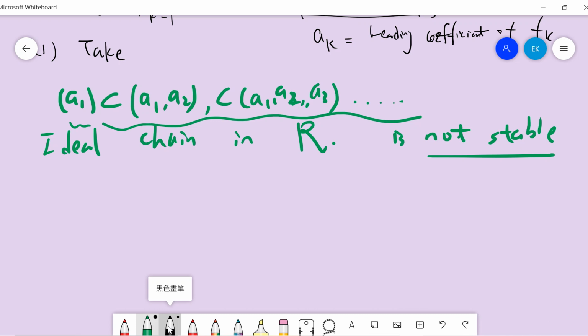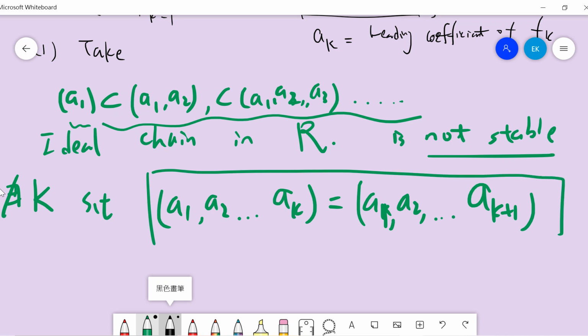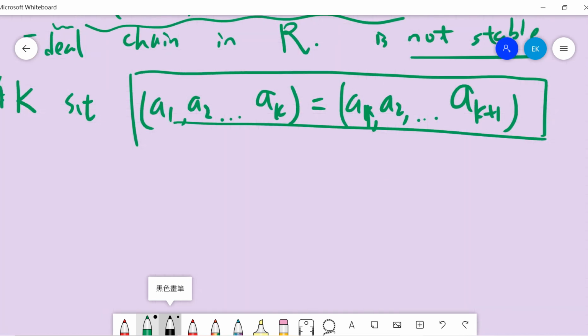Not stable means there does not exist k such that (a1, ..., ak) equals (a1, ..., a_{k+1}). I want to show there is no such k, and the reason is not so easy to see. So suppose there is one.